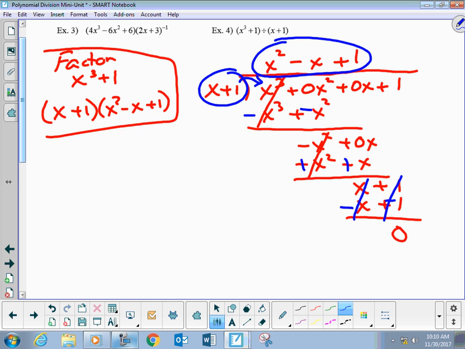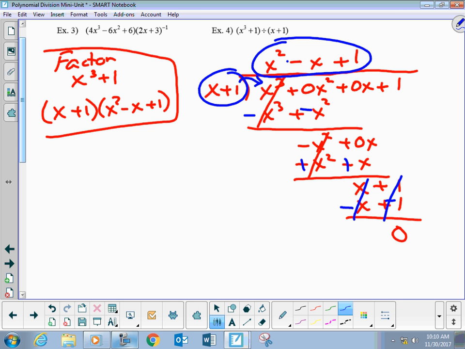That's what division is all about. This had been 35. This was 5. This was 7. 7 times 5 gave me 35. X squared minus x plus 1 times x plus 1 will give me x cubed plus 1.